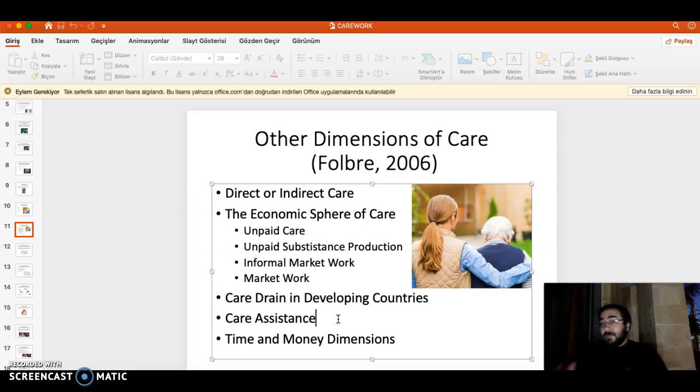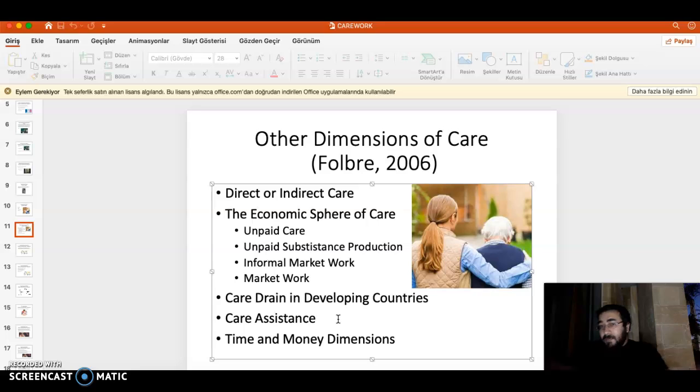So disposable time, the time spent for care work by the man and woman, and disposable monetary spending. I mean the gender parity of time spent for care, care parity that takes time into account, and gender care parity that takes money into account, the relative amount of money spent by the woman and man.